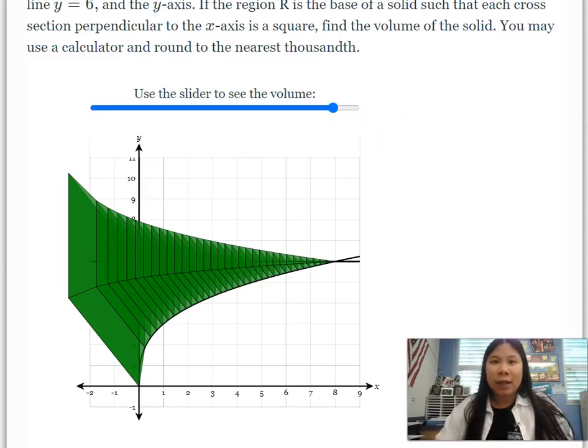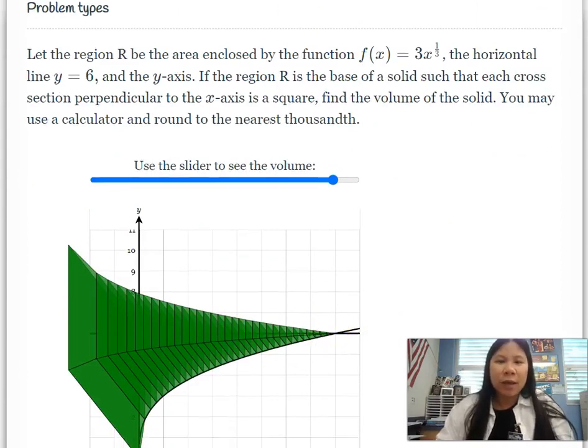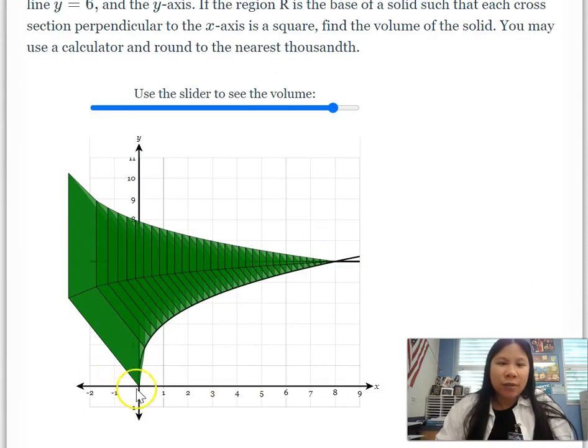In order to set up an integral for this, we would need to use the integral from 0 all the way to where this ends. It looks like it's at 8, and we could solve for that by setting our equation 3x to the 1/3 equal to y equals 6, and that'll tell you where it intersects. So I think we would get x equals 8 for that, so we're integrating from 0 to 8.